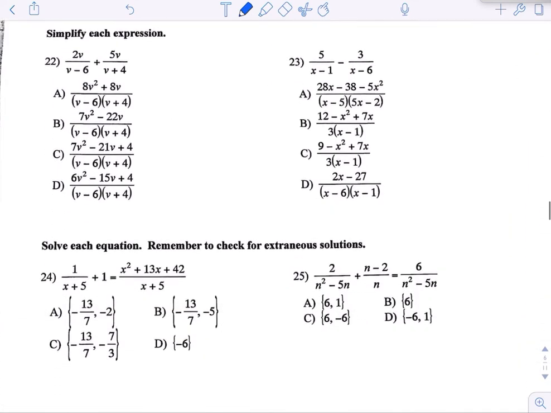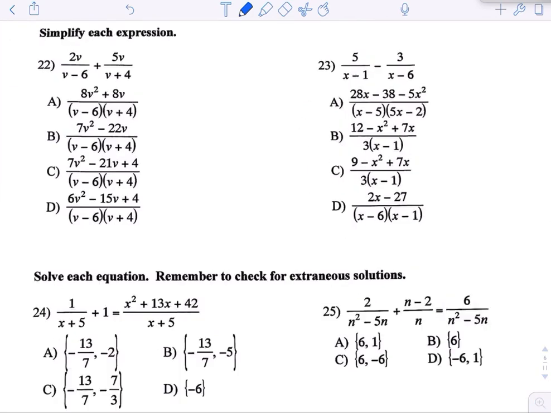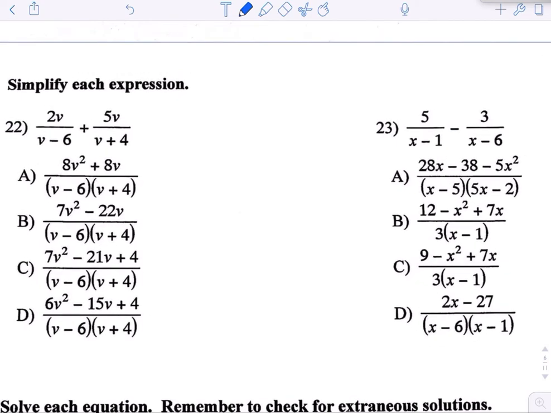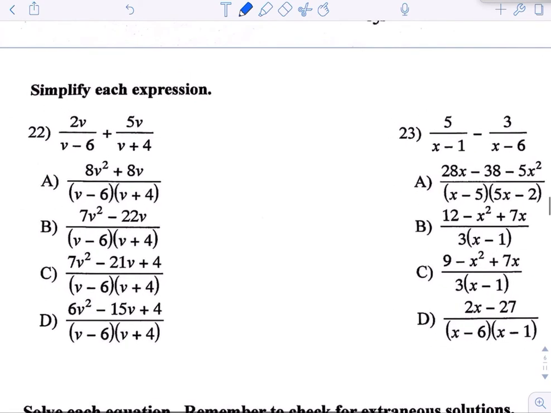Okay, last one, last set of 2, and then I'm gonna do it in the other video, you guys. I'm gonna make this a 2-part video. Alright, so when you guys are finding rational expressions and adding them, we gotta get the same common denominator. So this one is missing v minus 6, so I need to multiply top and bottom by v minus 6.